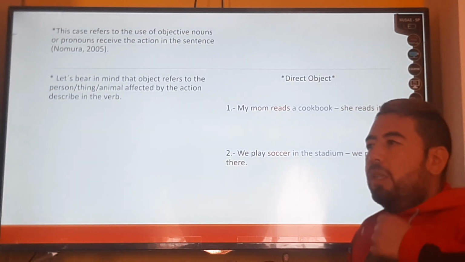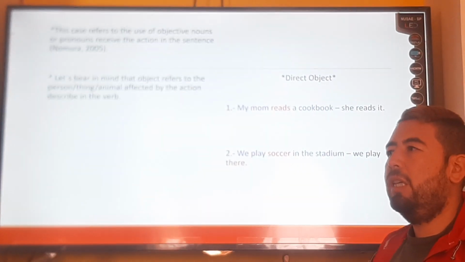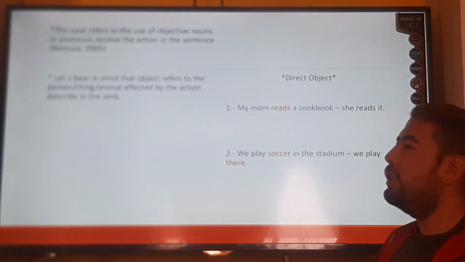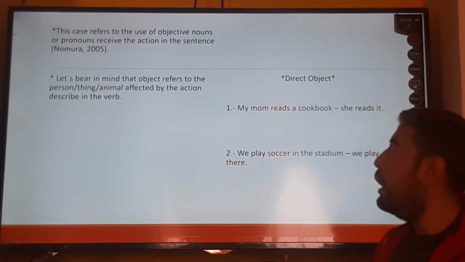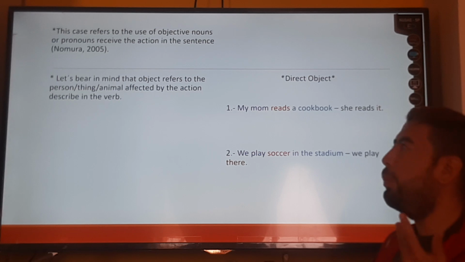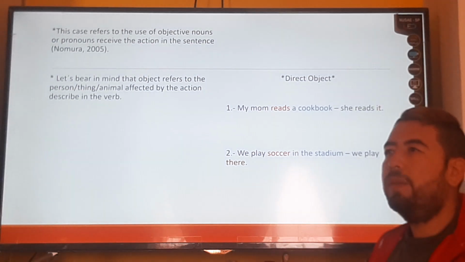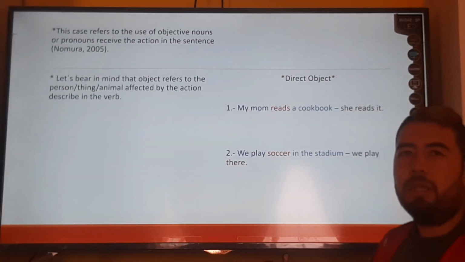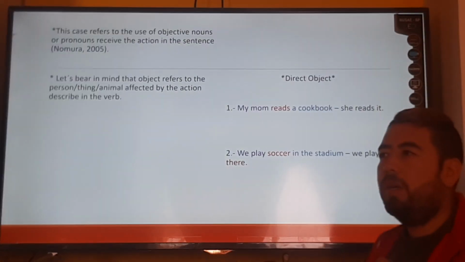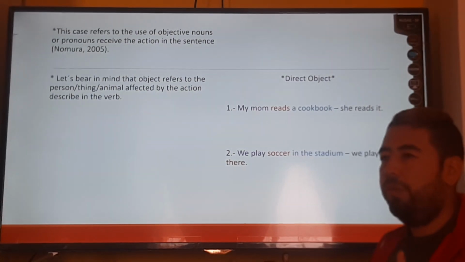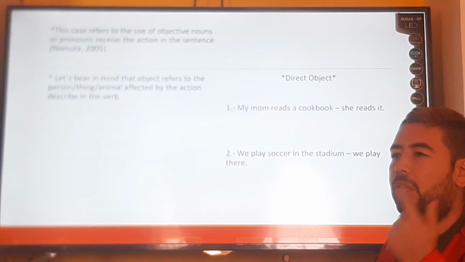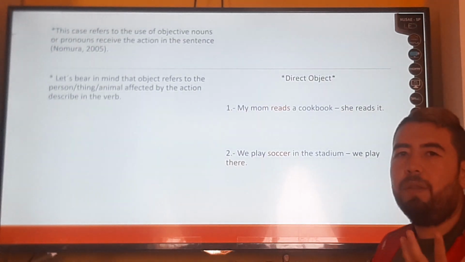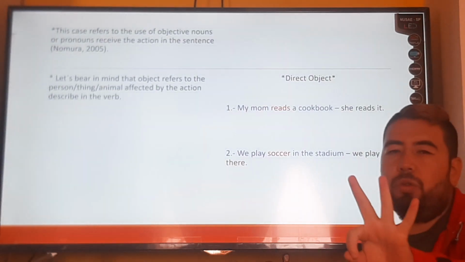Now, a brief explanation about the accusative case: it refers to objects, nouns or pronouns that receive the action described in the sentence. Let's bear in mind that object refers to people, things, and animals affected by the action described by the verb. There are three forms.